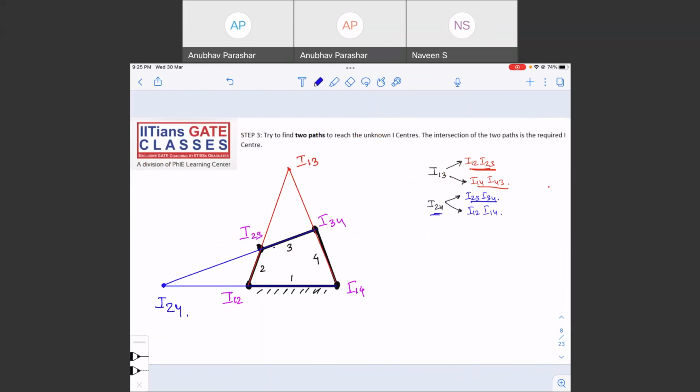In this chapter, velocity and acceleration analysis, in the first chapter we tried to understand the mechanisms that will be used in machines, right?